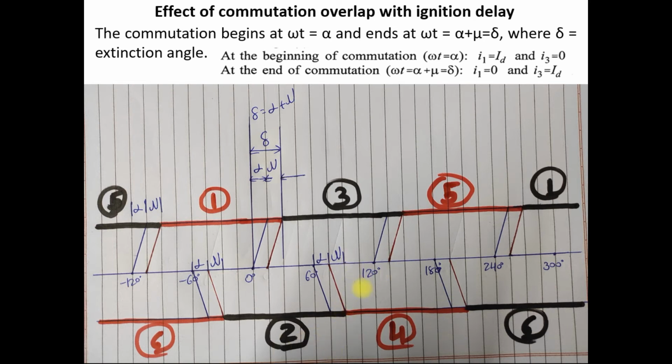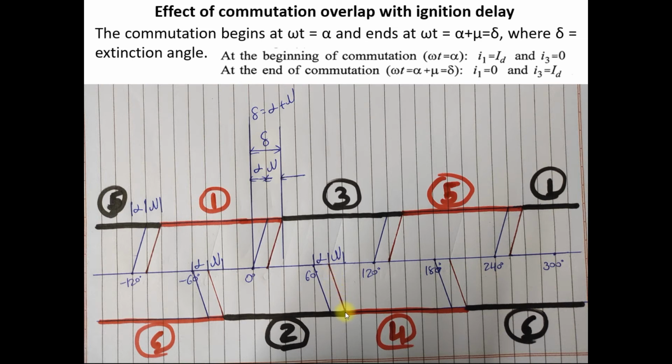Same here, you can see that at 60 degree is the phase crossover point between A and C phase. Clear? From this point phase A becomes most negative, so valve number 4 comes into forward bias, but you have provided the alpha. So after the alpha you provide the gate pulse to valve number 4, and it will start conducting after the end of this alpha. Because of the commutation time it takes some time to turn completely on.